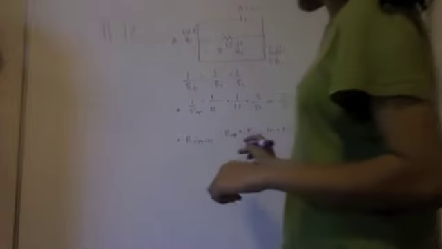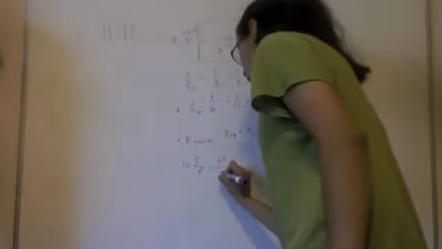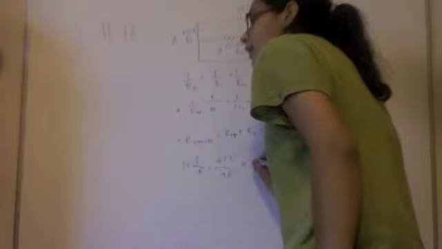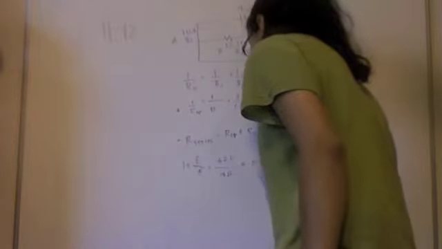Since that is your total resistance, I is equal to EMF over R, which is equal to 42 volts over 14 ohms, which gives you 3 amps.